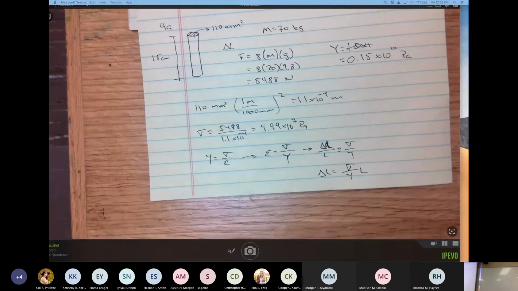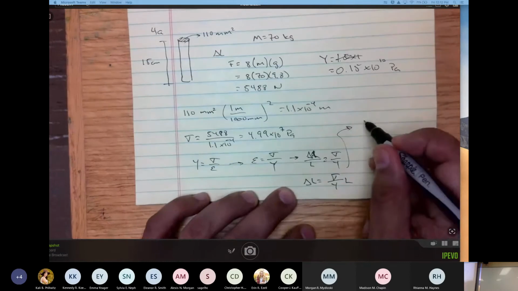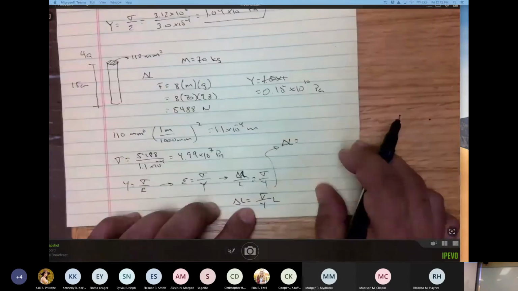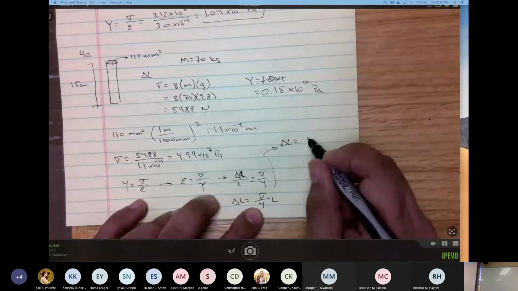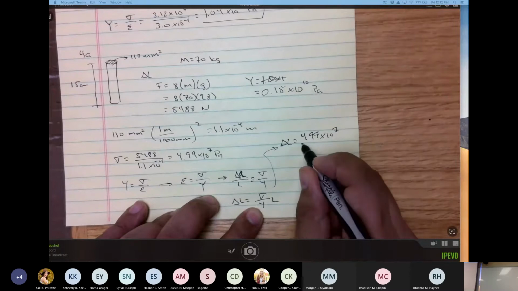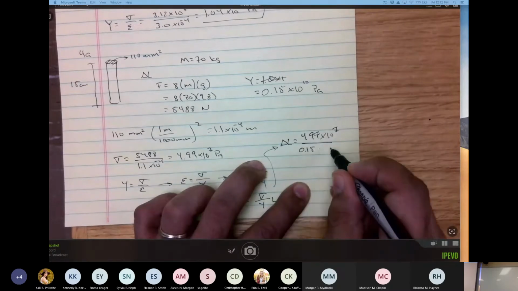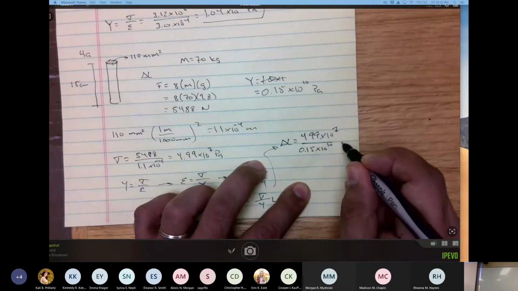The stress is 4.99 times 10 to the 7. The Young modulus is 0.15 times 10 to the 10. And L is going to be 0.15 meters.